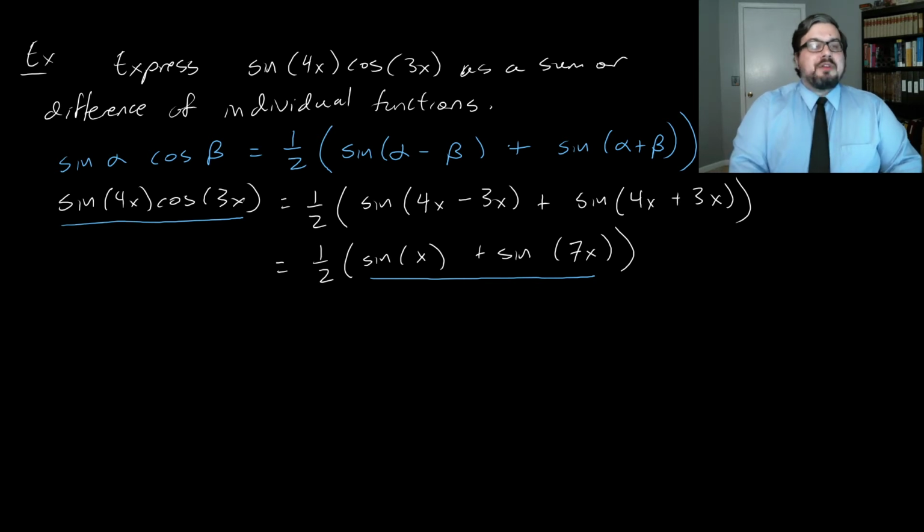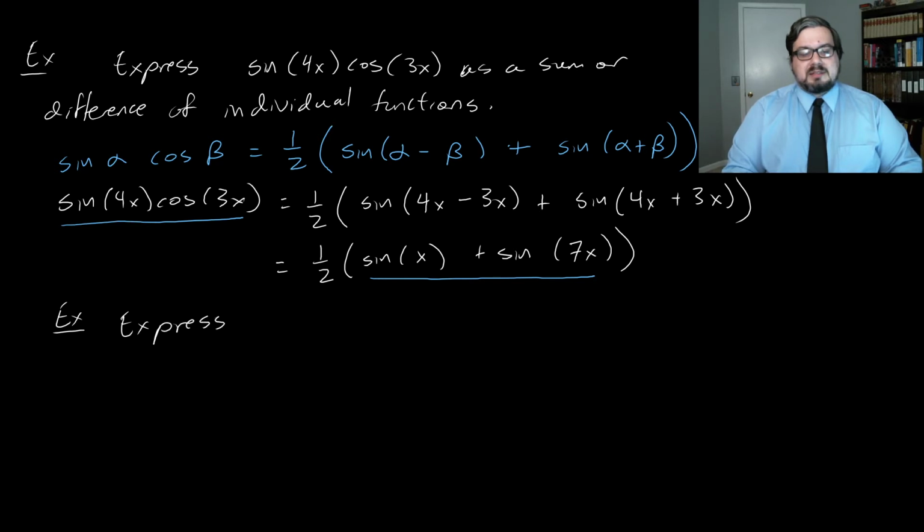And that's really all there is to it. The only difficult part of this process is memorizing the formulas. So let's do one more example, and then we'll look at an application of this that winds up being very useful for things that we're going to be working on in solving equations.